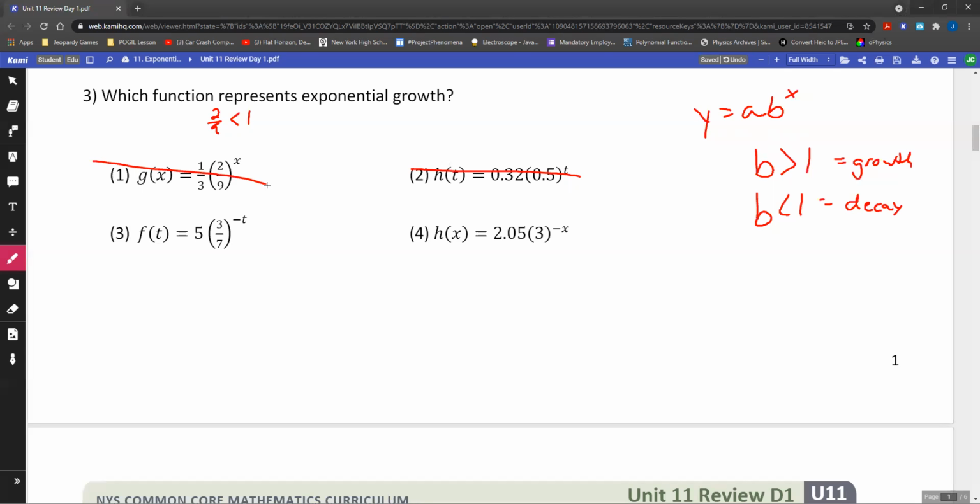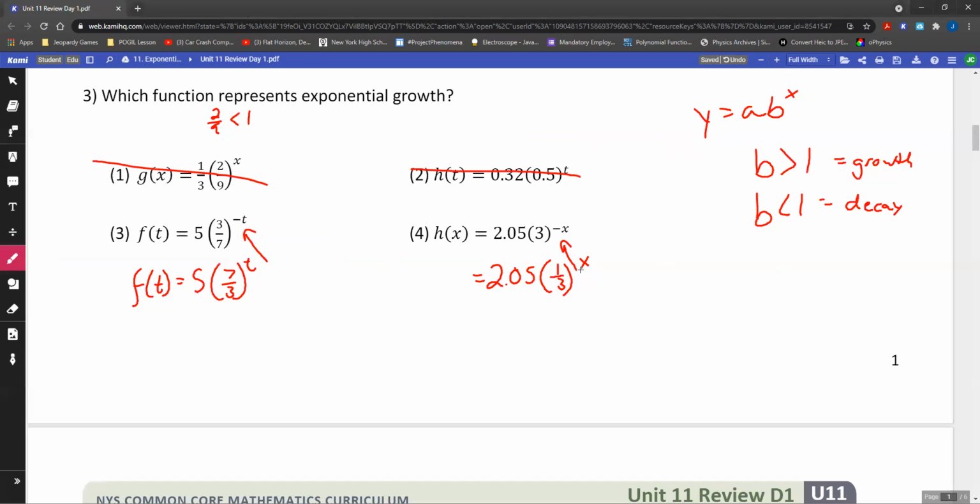Now, before I choose between 3 and 4, I want to note that these exponents are both negative. What that means is that if I were to rewrite these with a positive exponent, the fraction or the number in the parentheses would have to be flipped and inverted. So the 3 over 7 becomes 7/3, and the 3 becomes 1/3.